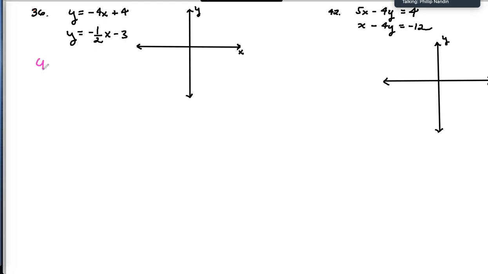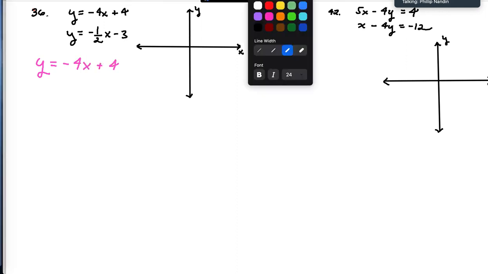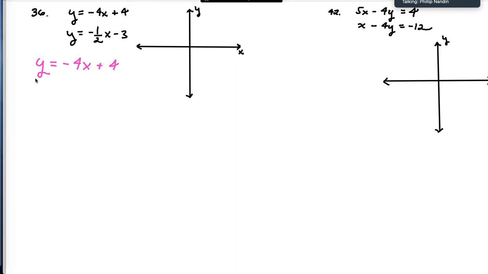Now let's get on to graphing this top equation. This top equation says y equals negative 4x plus 4. And we should immediately see that this is easy to graph because it's already in slope-intercept form.